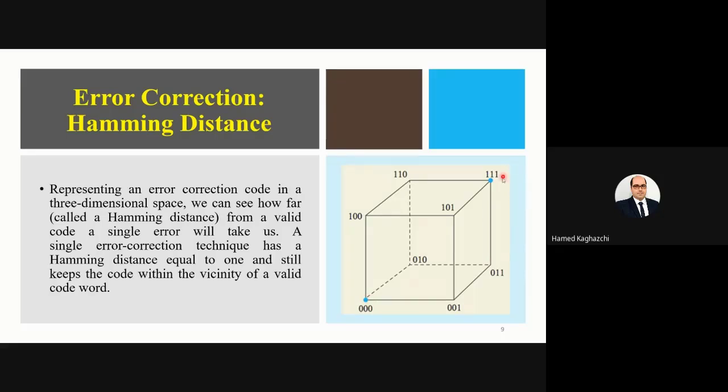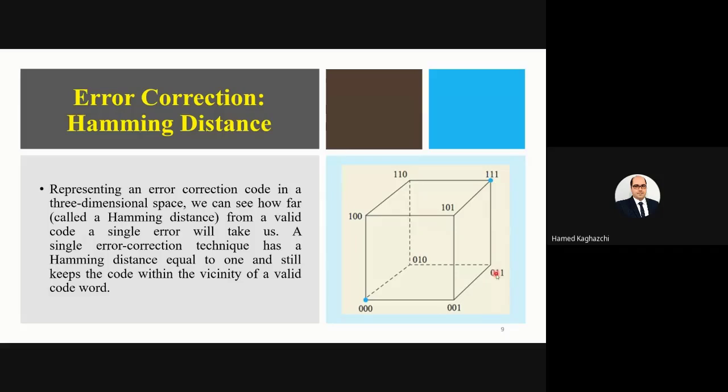000 and 111 are my valid codes. So if a single error happens, the code will be 100. Single error happened, my code changed to 110.